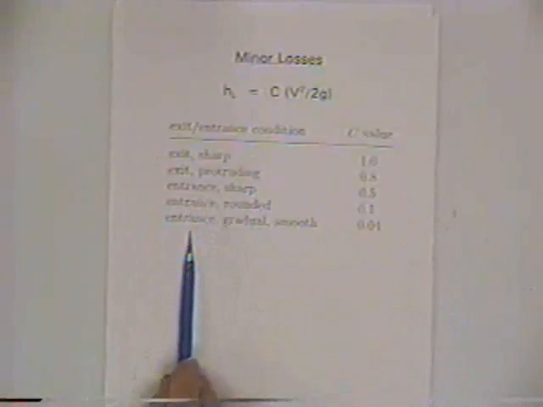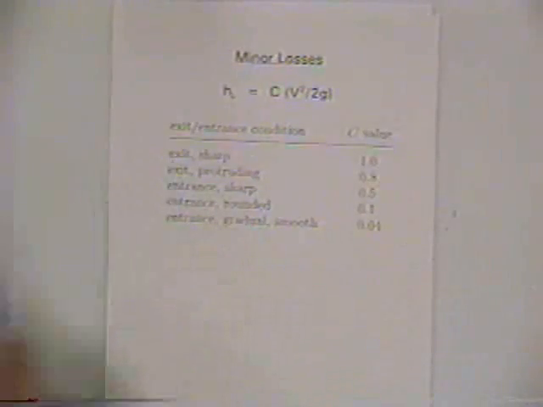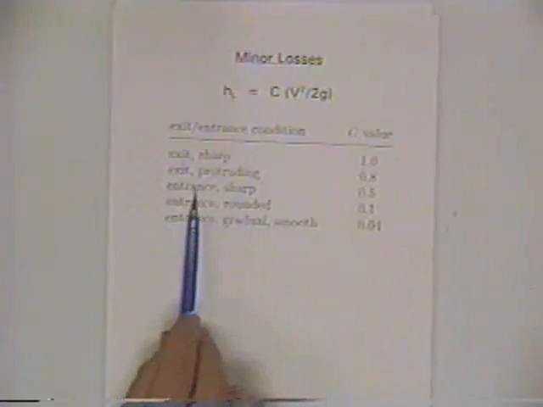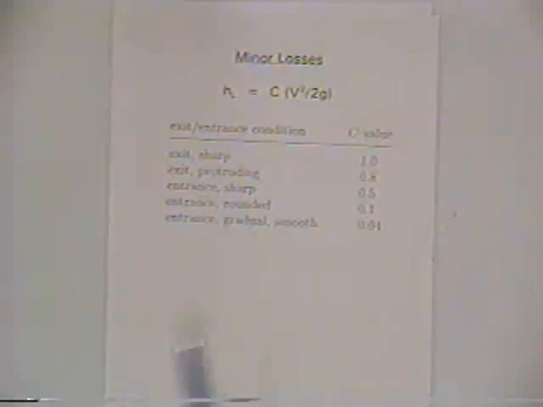We just have a couple of cases of exit losses and a few cases of entrance losses for which we've got the data given in this table, which is Xeroxed from the manual. Okay, we'll use these values in this next example.